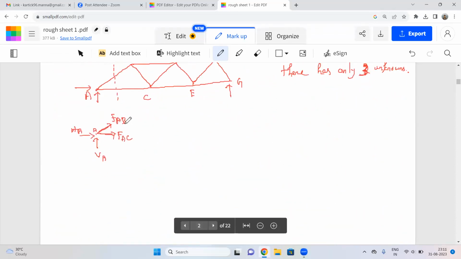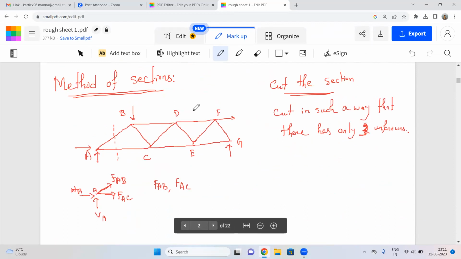So you can solve this one. From here you can find out your FAB and FAC, right? Now what we'll do, you don't need to cut from here. After cutting from here, you get these two values. Now leave this part, cut from here.